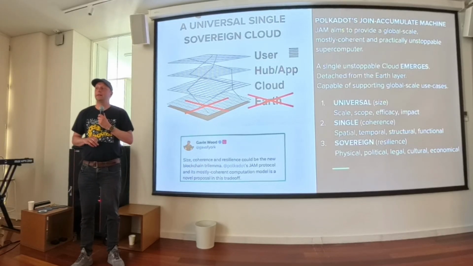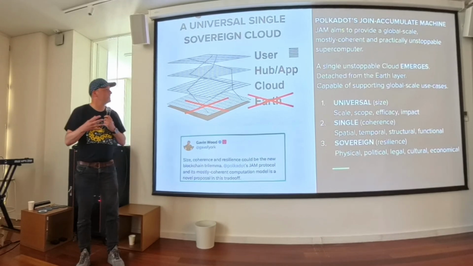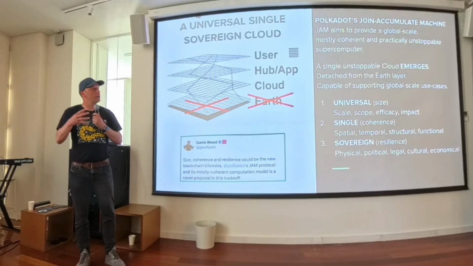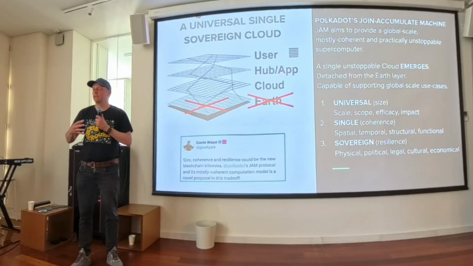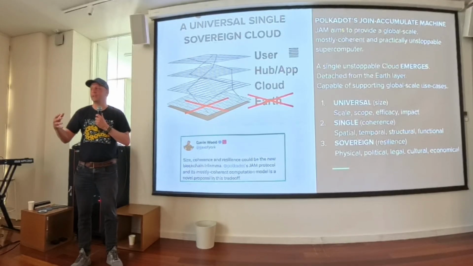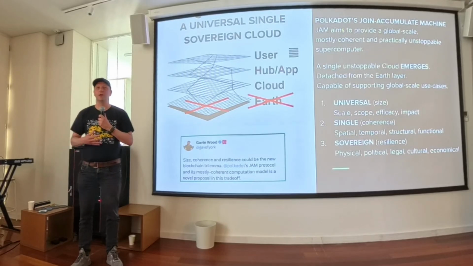An AWS cloud or a Microsoft Azure cloud is grounded by a US company with US shareholders based in a US jurisdiction. The Polkadot cloud detaches from this jurisdiction. It is still grounded in Earth by its validators, but no single validator is important enough to influence the functioning or the outcome of the cloud.